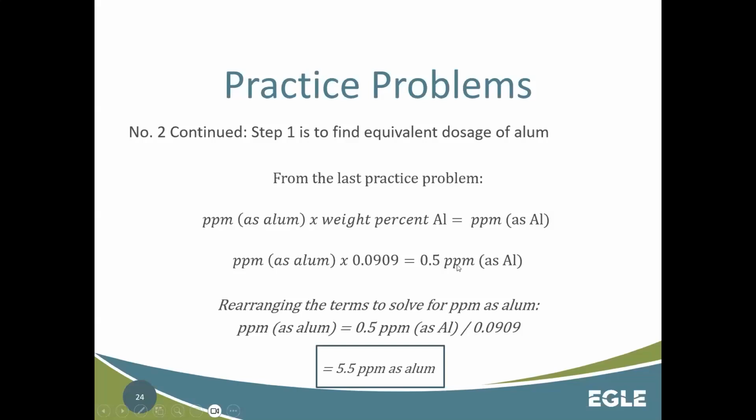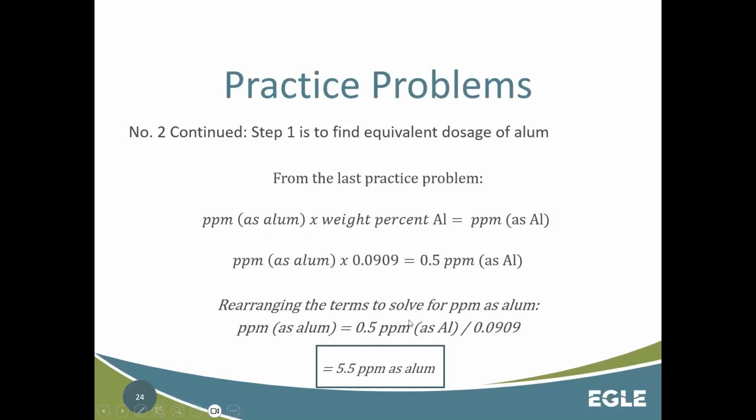So now we're going to rearrange this formula. Basically, if you cross the equal sign, if you're in the numerator on one side, you're going to end up in the denominator on the other. In this case, we're trying to solve for ppm of alum, so it stays put. We have to move our weight percent of aluminum ion to the other side of the equation.